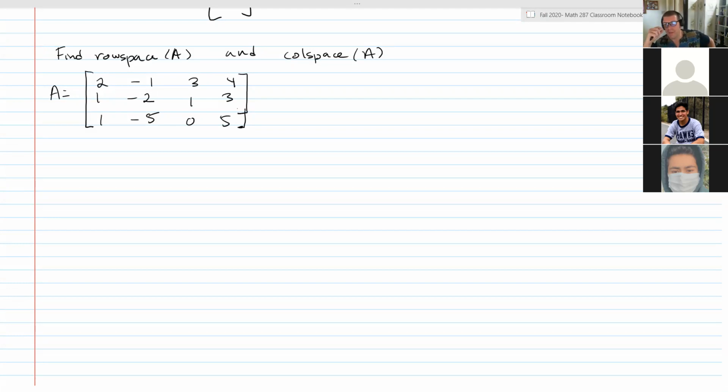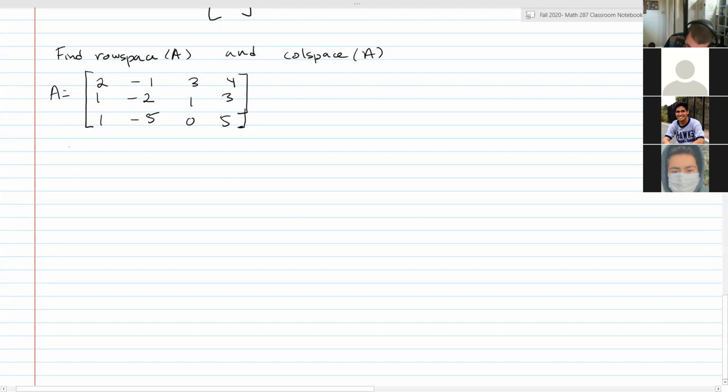And so if I look at this, one of the things that I know right off the bat is that in my column space, one of these vectors is going to end up being redundant. The set of column vectors is in fact linearly dependent. So I'm not going to need at least one of them. Now there may be more than one that I don't need, but at least one of those is going to be unnecessary.